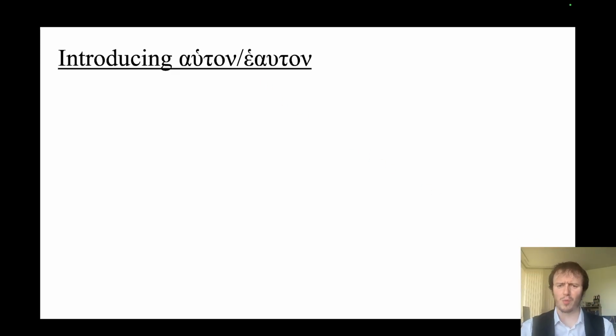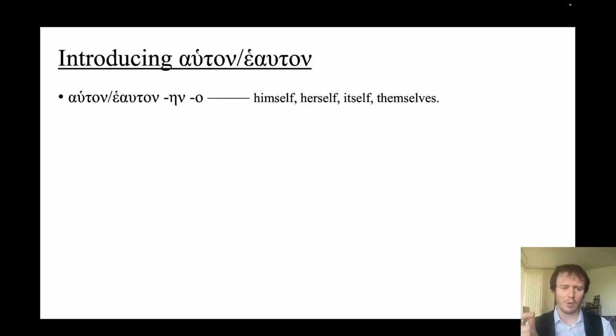But what does this word mean? It looks similar to αὐτός, and it means something similar, but it's a bit different, okay? So, let me tell you. αὑτόν/ἑαυτόν means himself, herself, itself, or themselves. Now you might think, isn't that what αὐτός means when it's used in the first way?